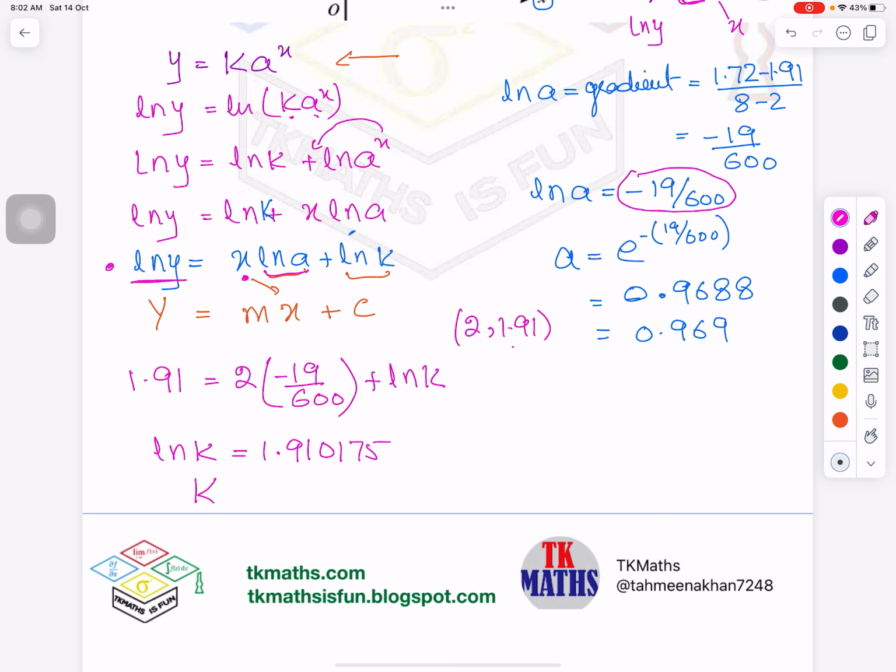So it will become k equals e power this value. In the calculator, because I'm keeping the whole value as it is, I'm doing e power answer. Okay, so it is giving me k equals 7.20.